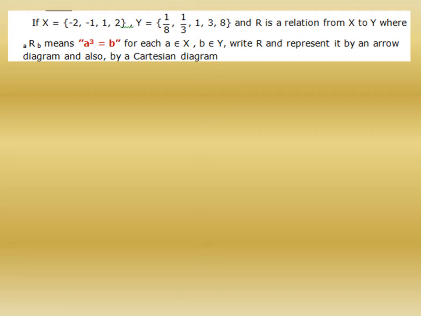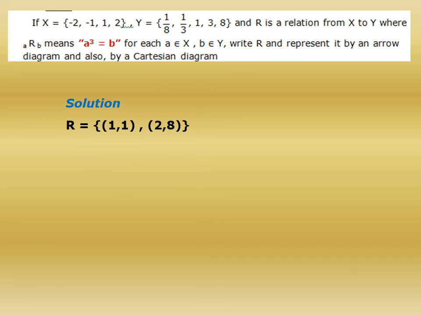Example: if set X = {-2, -1, 1, 2}, set Y = {1/8, 1/3, 1, 3, 8}, and R is a relation from X to Y, where aRb means a to the power 3 equals b, for each a belongs to X, b belongs to Y. Write R and represent it by an arrow diagram and also by a Cartesian diagram.